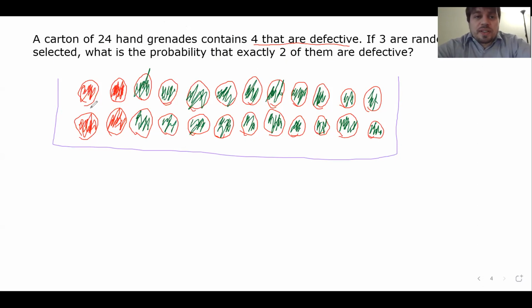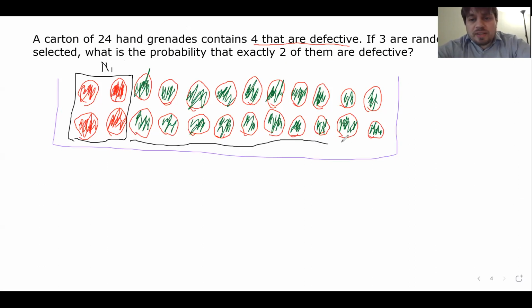We can see that these 4 are of type 1. I'm choosing the defective ones as type 1 because we want the probability that exactly 2 of them are defective. So we care more about the defective ones than the non-defective ones. And then these other ones are of type 2, right?